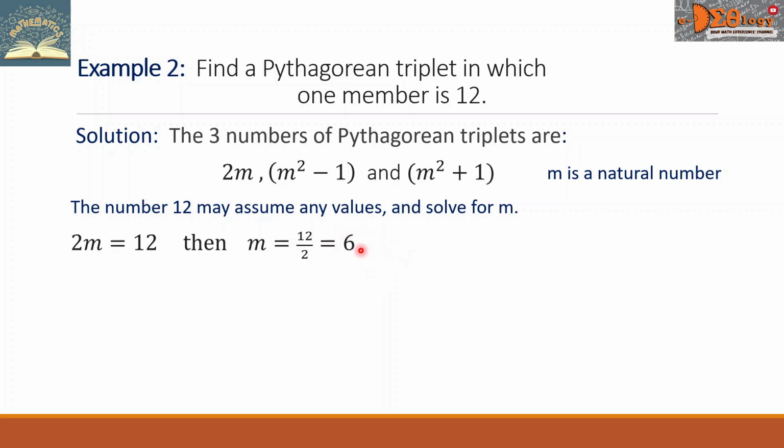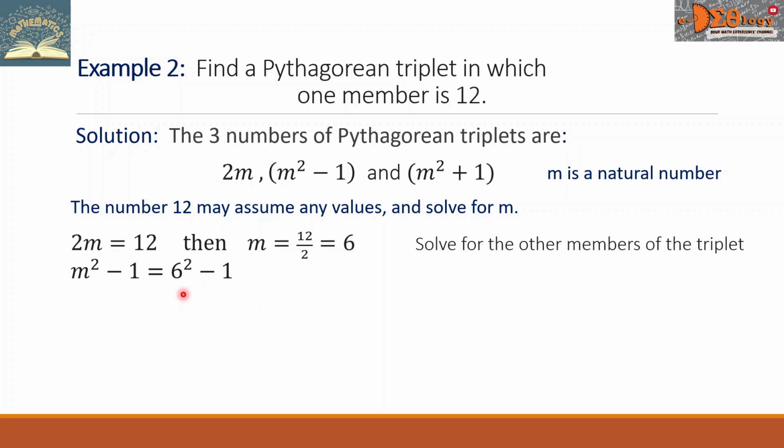We can now use this value to solve for the other members of the triplet. Let's begin with m square minus 1. We substitute the number 6 for m, so we have 6 squared minus 1. 6 squared is 36, then minus 1. This is equal to 35. This is the second member of the triplet.